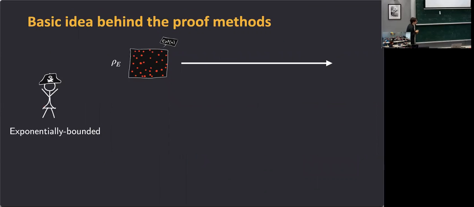And the basic idea that underlies all of the proof methods for this work is that we will have some adversary which is exponentially bounded. And then at some point we will consider that, for example, they were doing an Eve in the middle attack. They got some state rho E and then they send it out to the next player, to Bob.